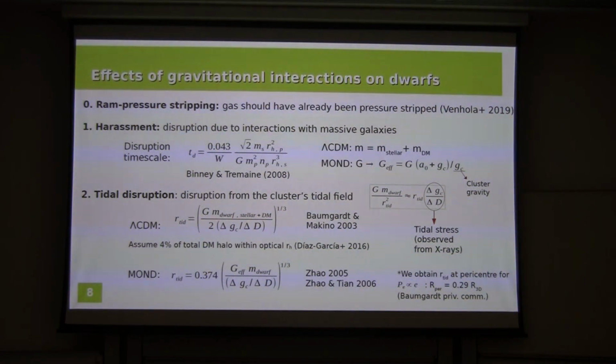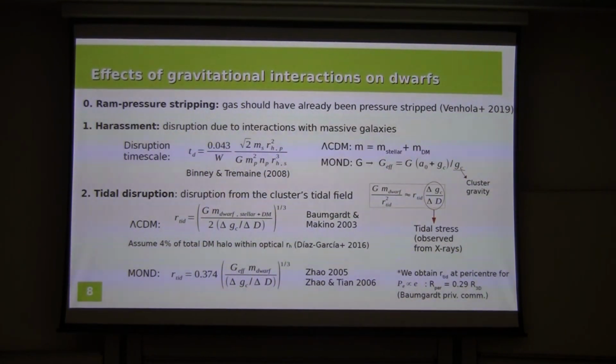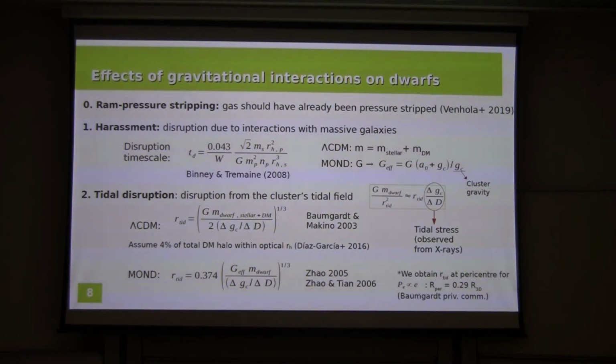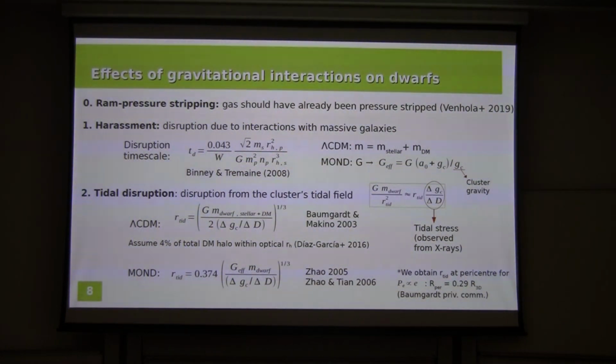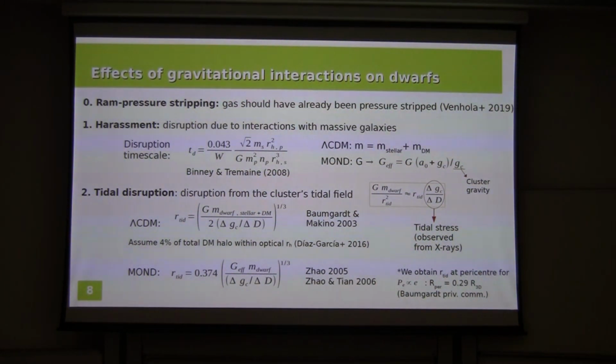In this case, the quantity that we should be interested in is the tidal radius, which is the radius starting from the center of the dwarf at which the effect of the cluster tidal field should overcome the self-gravity of the dwarf. So it also looks kind of similar in lambda CDM and in MOND, except for some subtleties on how the gravitational potential works in MOND with respect to lambda CDM.